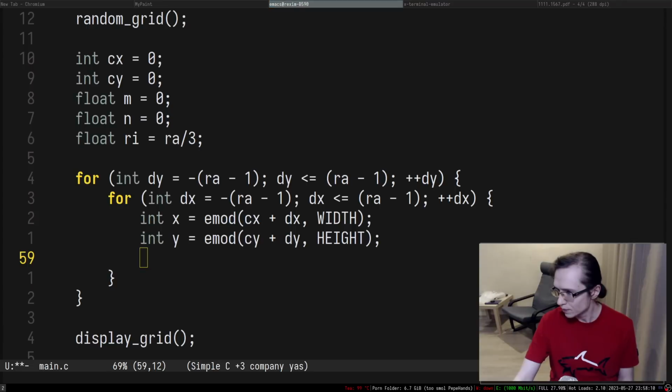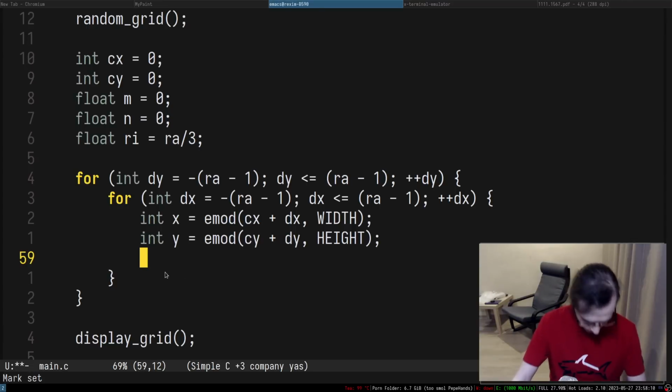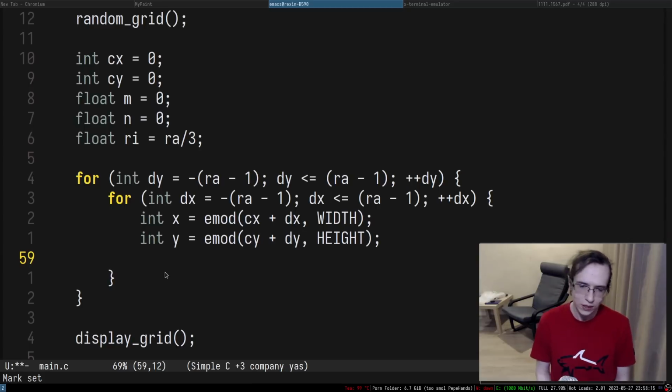Okay, cool. And we need to know the width and height of this entire stuff. Interestingly, believe it or not, we can already use dx and dy to determine whether we are within the inner or outer thing in here.